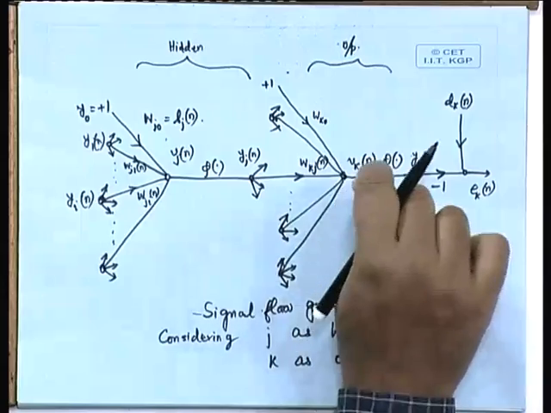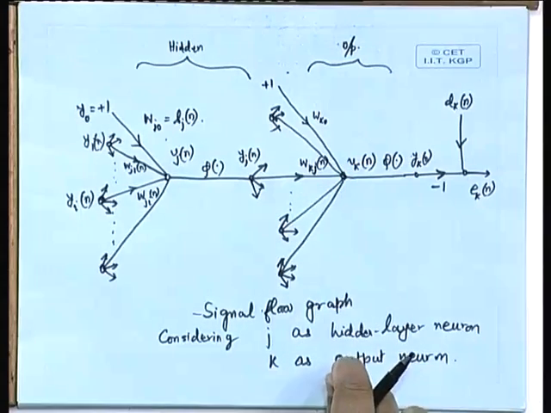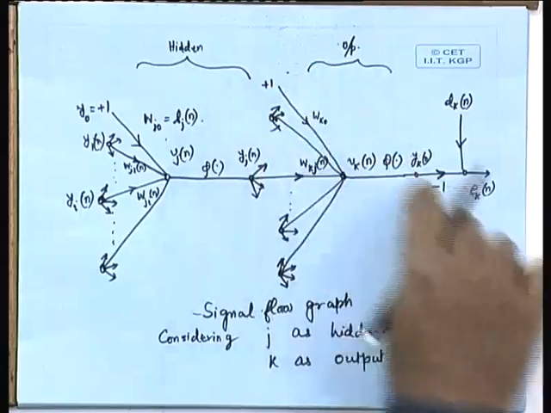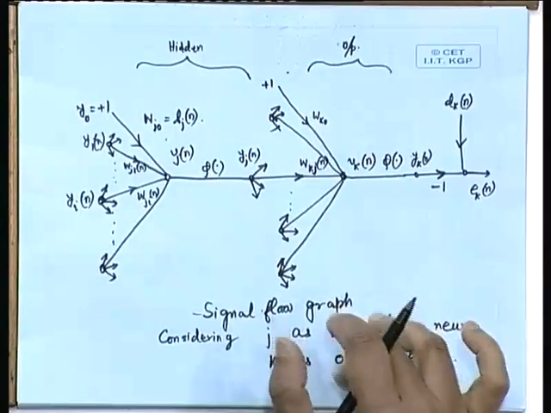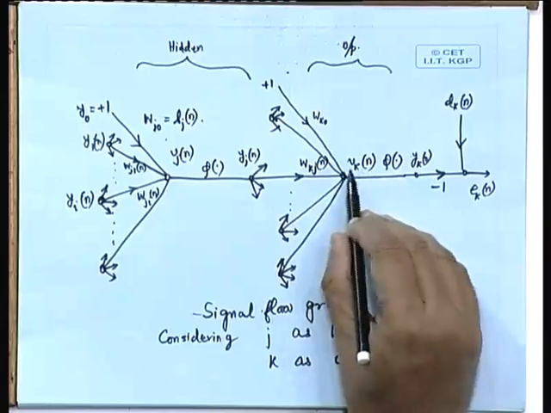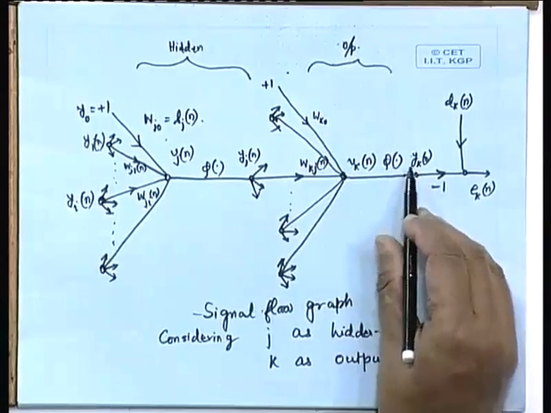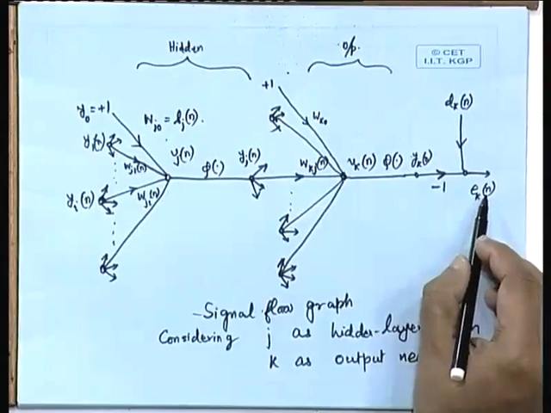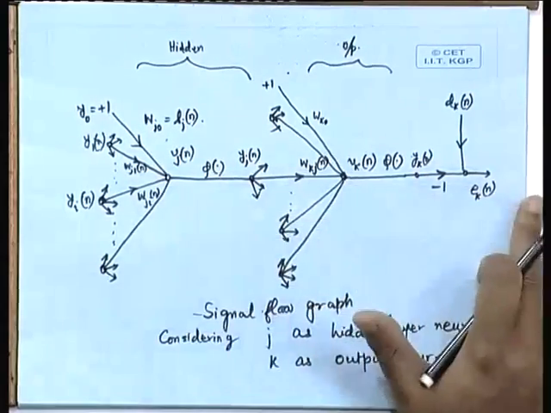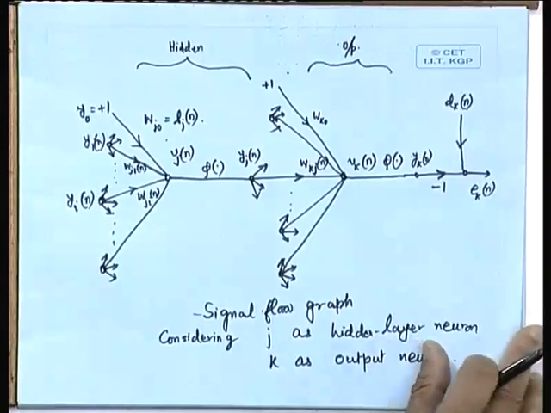We take a typical kth output layer neuron, and connect that to all the hidden layer neurons, then operate this Vk with the phi function, get the Yk, and we can compute this Ek of n. So, this is the complete signal flow graph that we are getting.